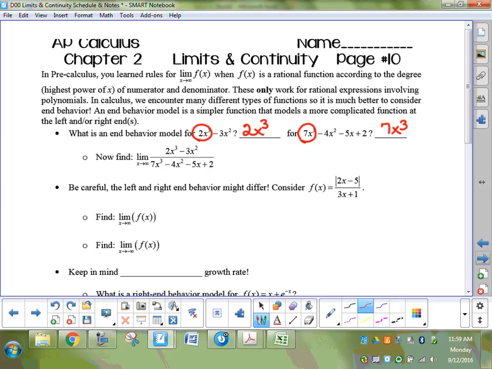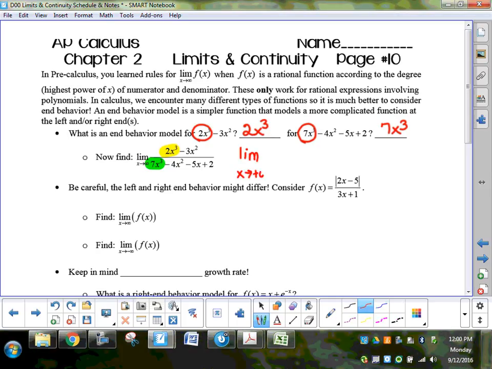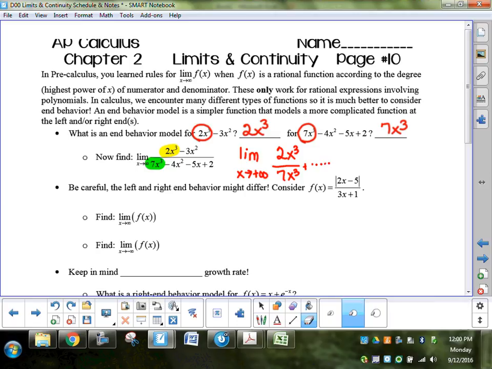Now, when we talk about creating an end behavior model, you're asking, as we go out to infinity, what's driving the numerator? That would be this expression here. What's driving the denominator? That expression there. So as we go out to positive infinity, we say the limit as x goes out to positive infinity of 2x cubed over 7x cubed. Nothing else, and sometimes you'll see a dot, dot, dot after because there's other garbage there, but it's not affecting the end outcome as we get cubed.